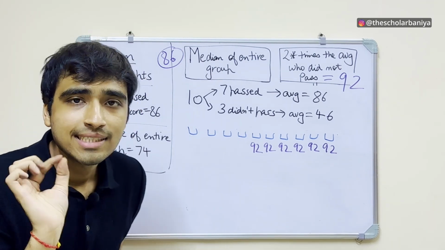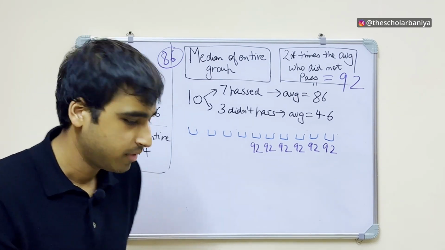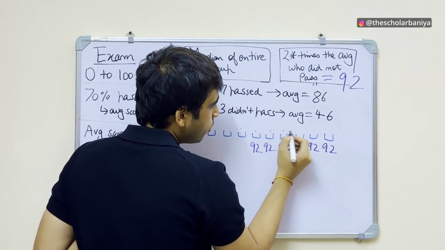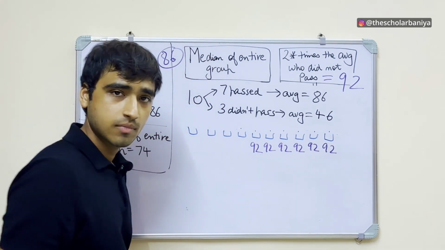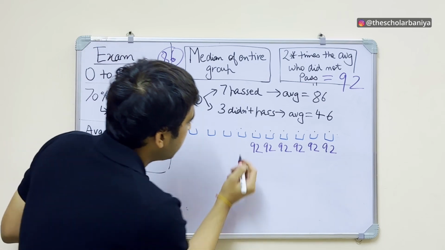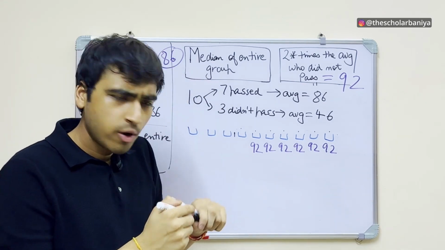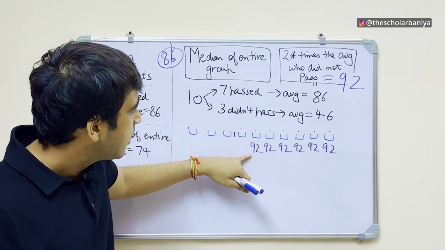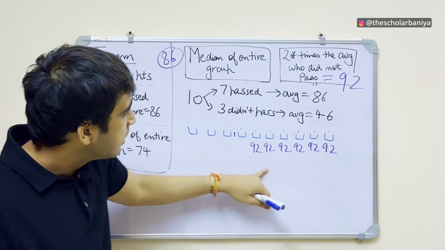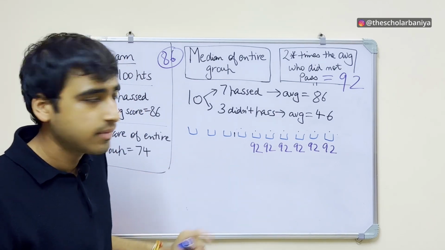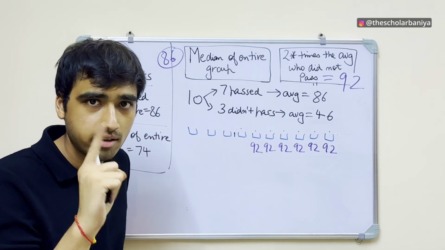So we know a total of 7 students have passed the exam, right? So 1, 2, 3, 4, 5, 6, 7. So these are the 7 students starting from here who have passed the exam. For example, let's say I have given the student a score of 92 except for one, right?